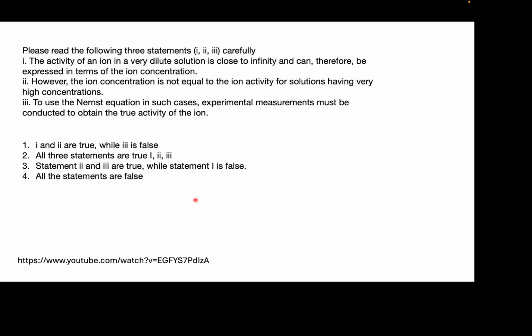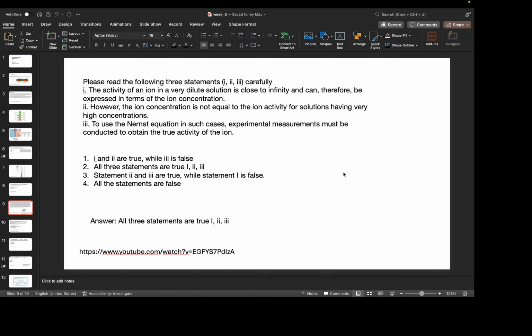I think we can move ahead with the answer, and the answer is that all three statements are correct, because these are the assumptions that we use while using the Nernst equation, and hence the SHE is always 0.